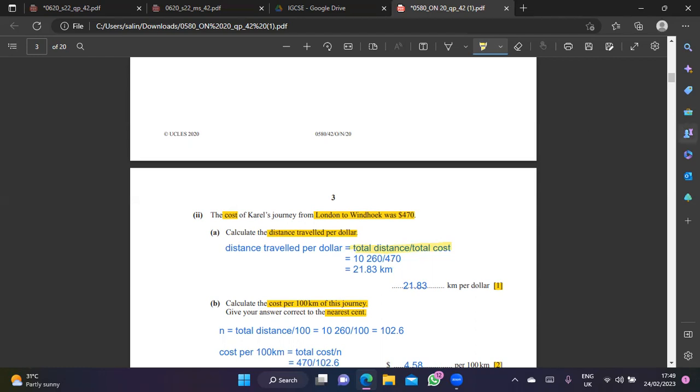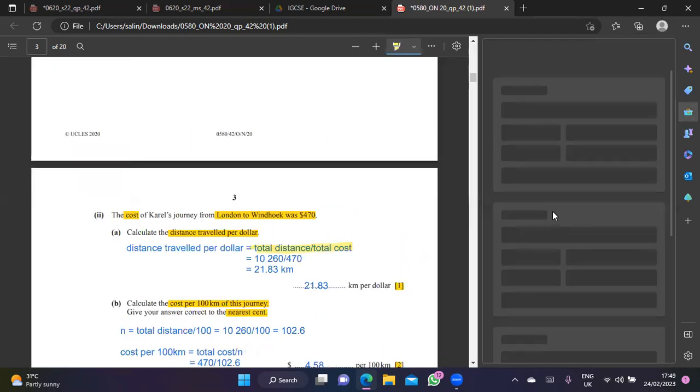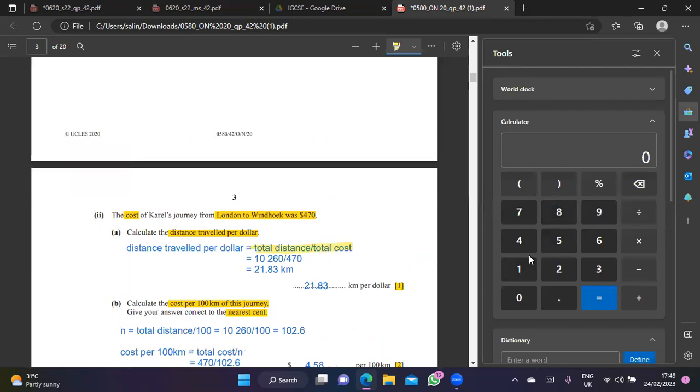Just get a calculator. So easy calculation. The only thing you have to figure out is the formula yourself. So during the exam, please keep yourself calm, focus, yeah? Don't think too much.